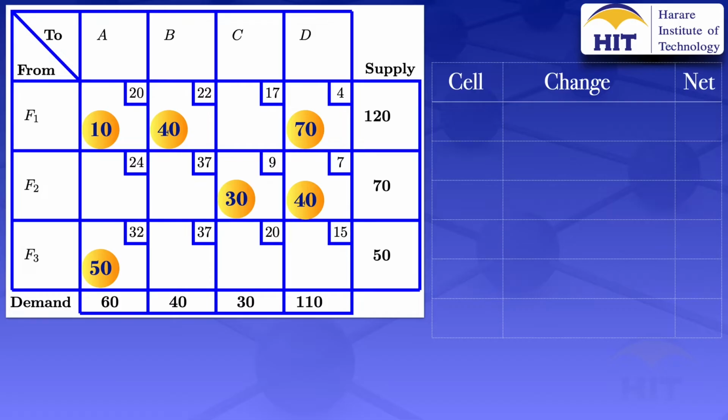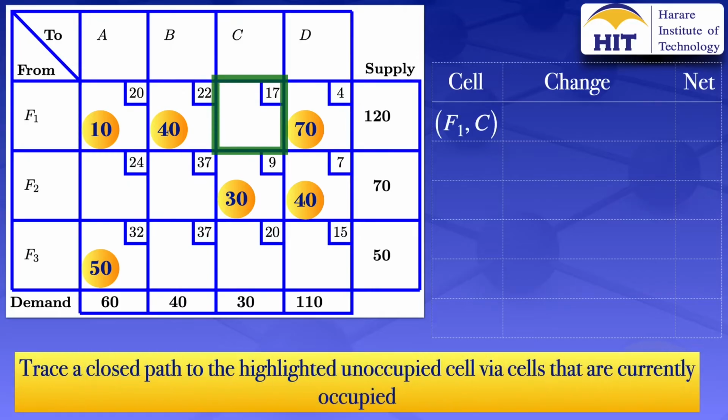And for this new transportation table, we go back again to calculating the net changes. When you are calculating the net changes, we look at the unoccupied cells, and we start with this first unoccupied cell here, cell F1C. For this cell, we trace a closed path via cells that are currently occupied.